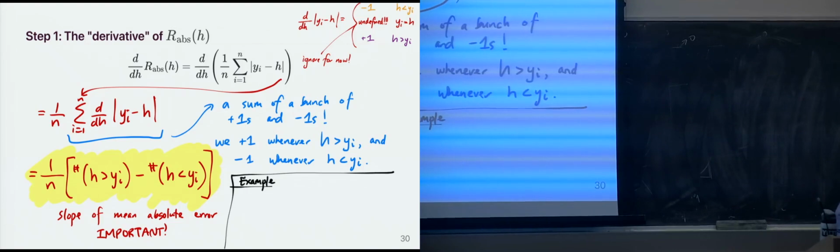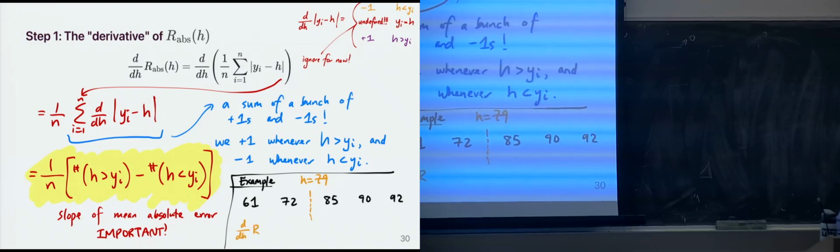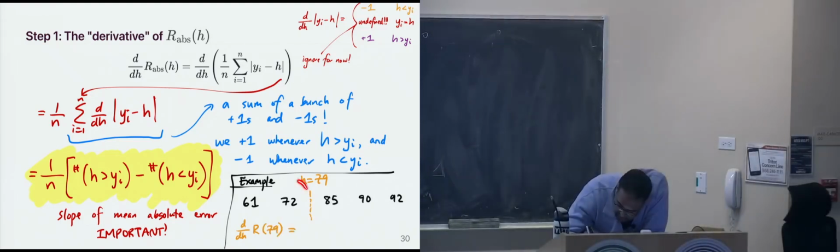Let's suppose we have our data points once again. 61, 72, 85, 90, and 92. Let's arbitrarily select some h to be 79. What is the slope at 79? Well, it's the number of points to the left of 79.